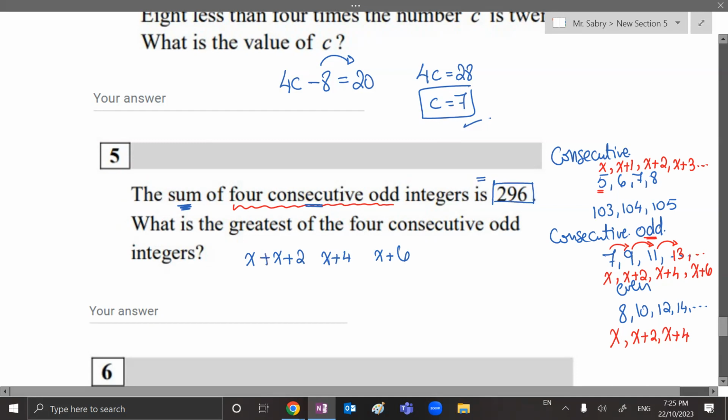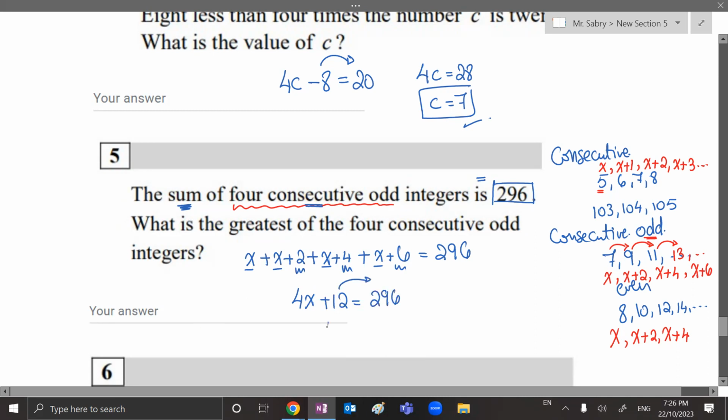So I'll add all of those up, and it should equal 296. I now have an equation I can solve. I have x and x and x and x, that's 4x. I also have 2 plus 4 plus 6, a total of 12, equals 296.